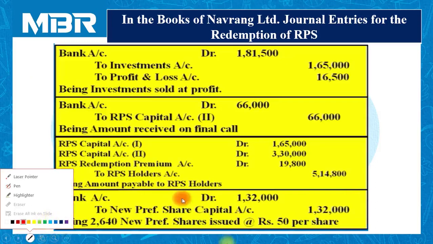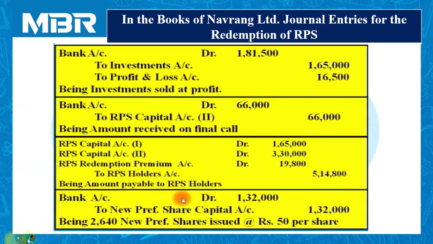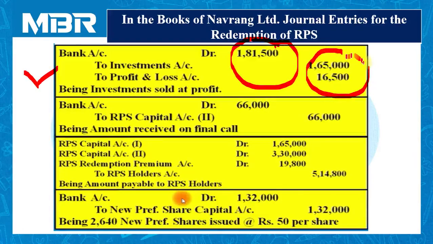In the first journal entry, I have discussed sale of investments at profit, and we have passed a journal entry for the sale of investment. Second entry is all about amount received on partly paid redeemable preference shares to satisfy the condition of section 55 of the Companies Act 2013.